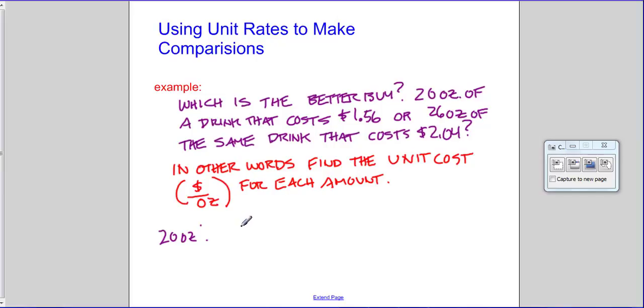So for $1.56, we get 20 ounces. And that's going to put us in terms of dollars per ounce. And then for the 26 ounces, we have $2.04 for 26 ounces.